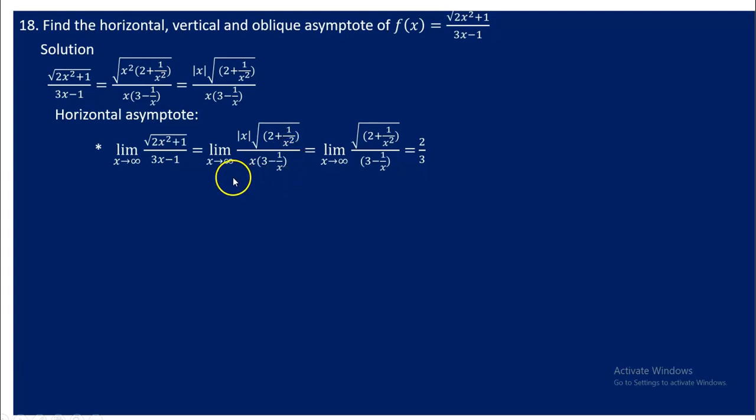As can be shown here, as x goes to infinity, 1 over x gets closer to 0, and 1 over x squared approaches 0 at a faster rate compared to 1 over x. Hence, we can have this simplified like this. So clearly, this is going to be the limit as x goes to infinity of the square root of 2 plus 1 over x squared divided by 3 minus 1 over x.